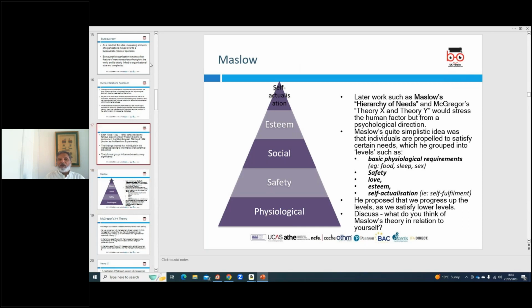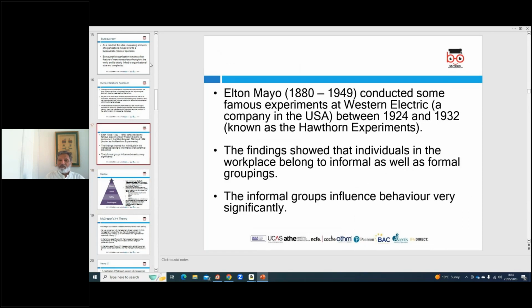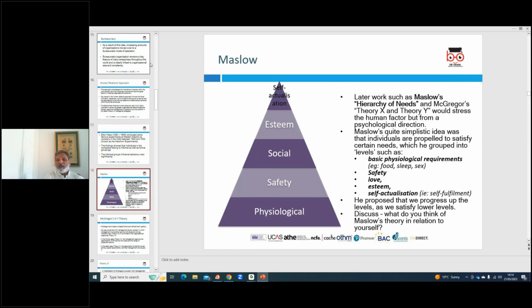Maslow continued on Elton Mayo's findings, and he looked at people again with an approach of hierarchy of needs. He said that there are people who needed basic needs. He divided people's needs into a triangle or hierarchical structure, what you call the hierarchy of needs.